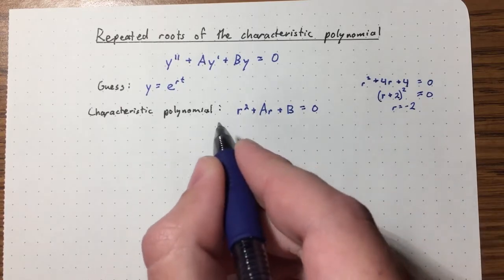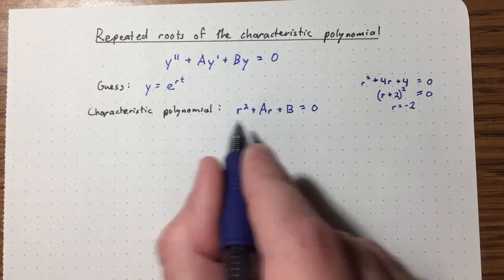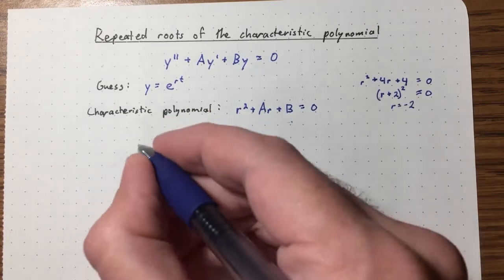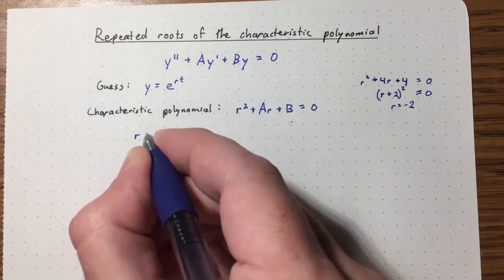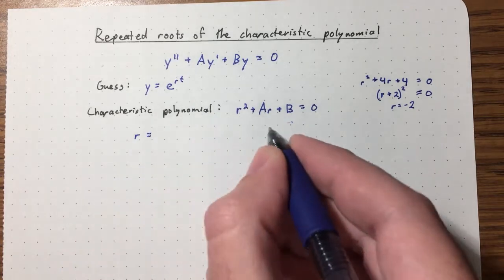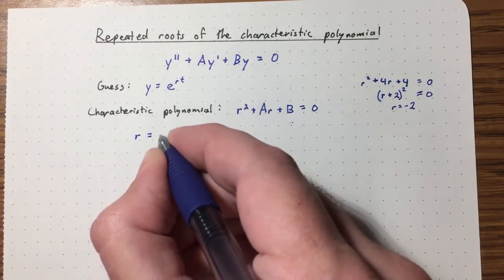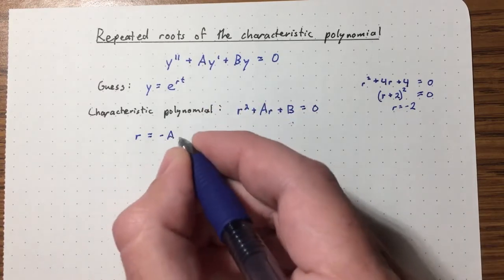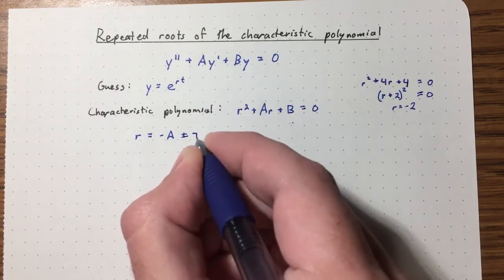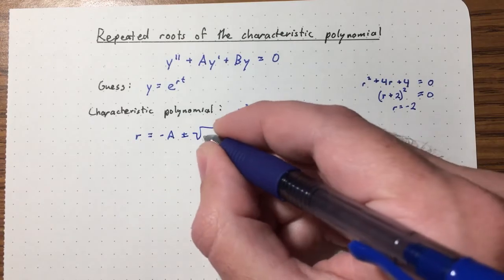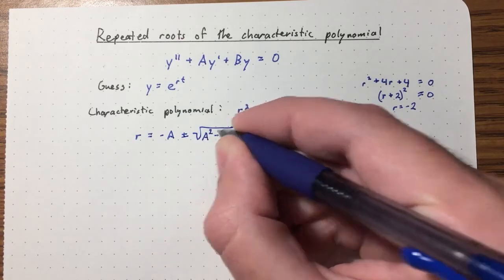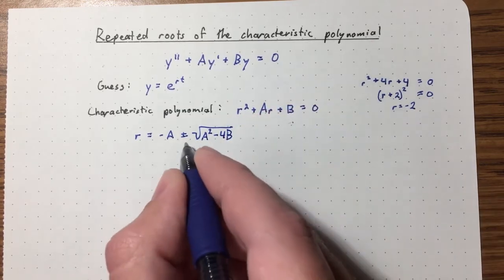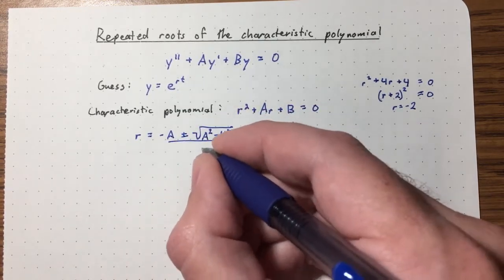First of all, let's figure out exactly when something like this will have just one root. You might remember how this works. If we write out the quadratic formula, it's negative a, plus or minus the square root of a squared minus 4b, over 2.